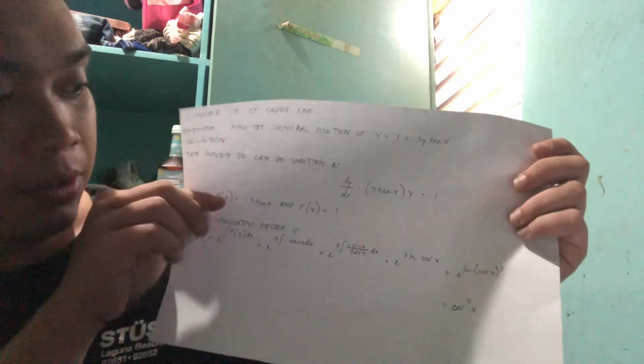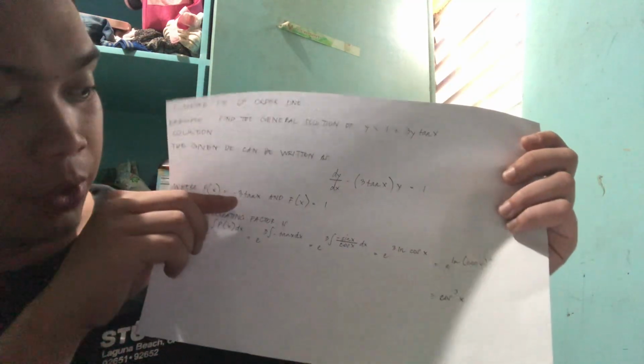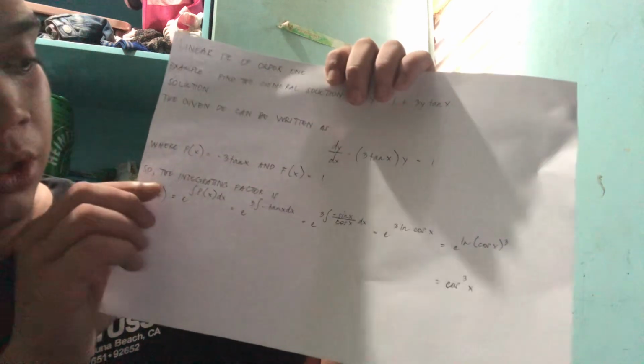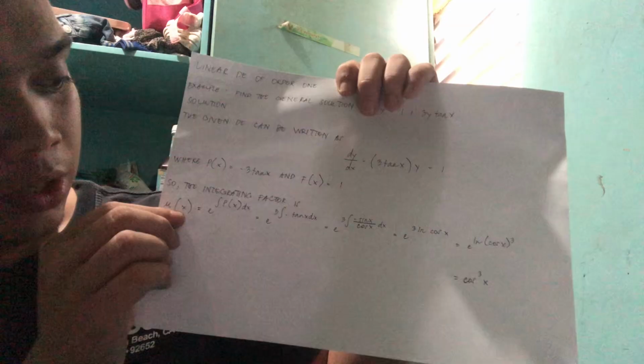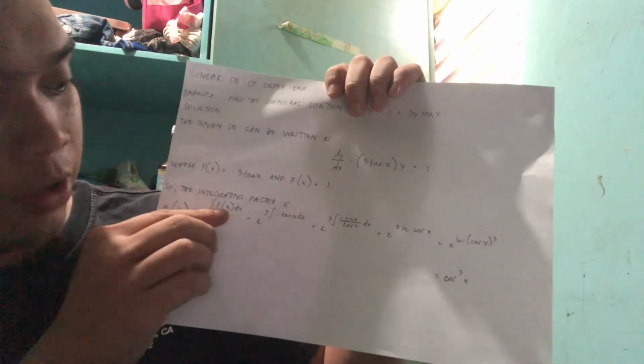So where p of x is equal to negative 3 tan x and f of x is equal to 1.